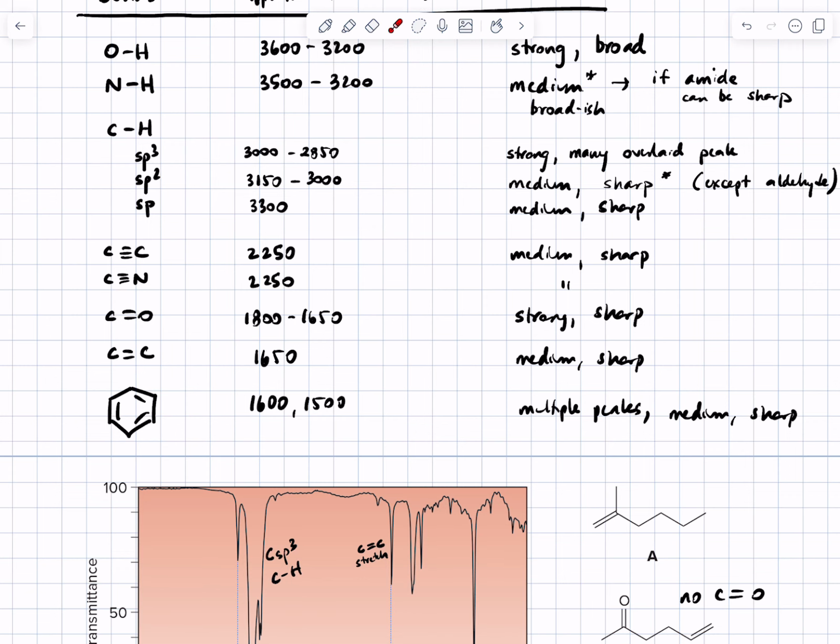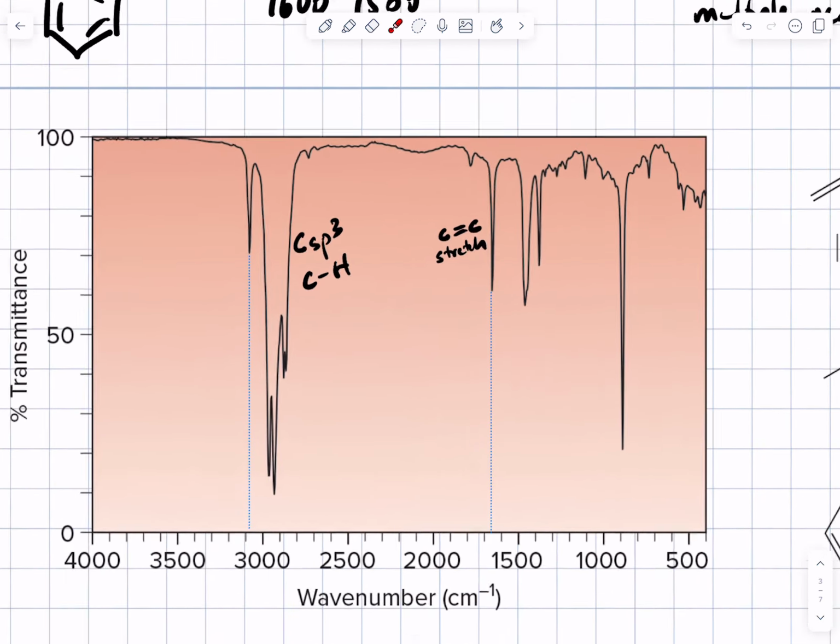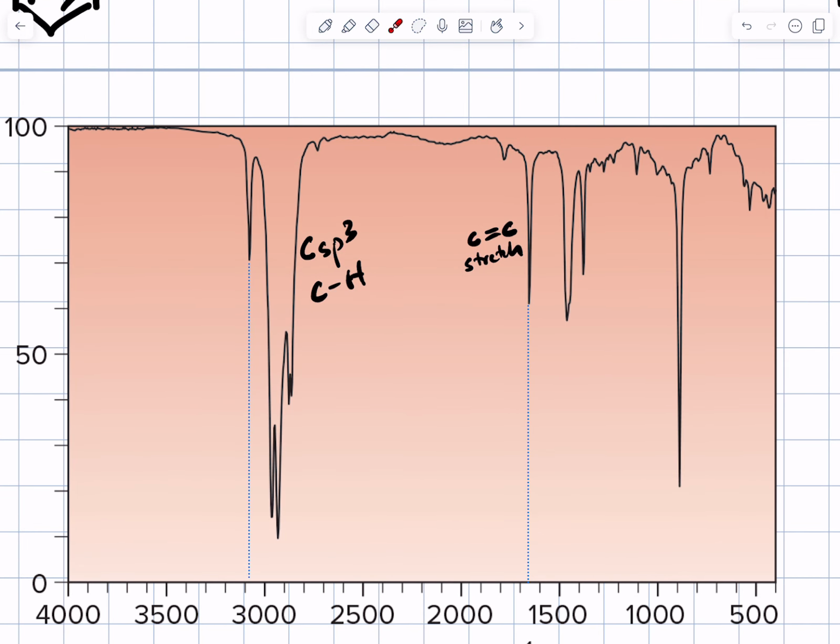The other feature that you might be inclined to pass over if you were in a hurry is this one peak that's a little bit to the left, at higher frequency than these sp3 CH stretch peaks. That corresponds to my sp2 hybridized carbon-hydrogen stretch peak.